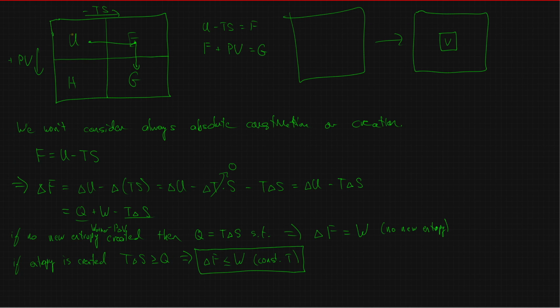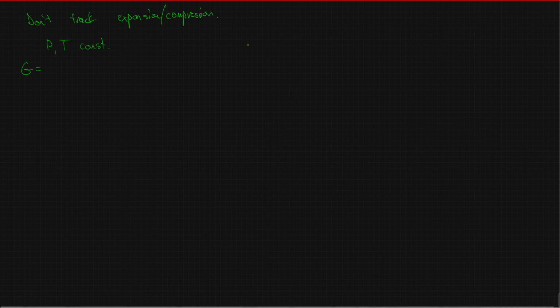We could take U plus PV minus TS, right? Or G is F plus PV. So if we use that and we take delta on G, we would have delta U minus T delta S plus P delta V. And we don't have deltas of T's or deltas of P's, right? Because P and T are held constant at this point.